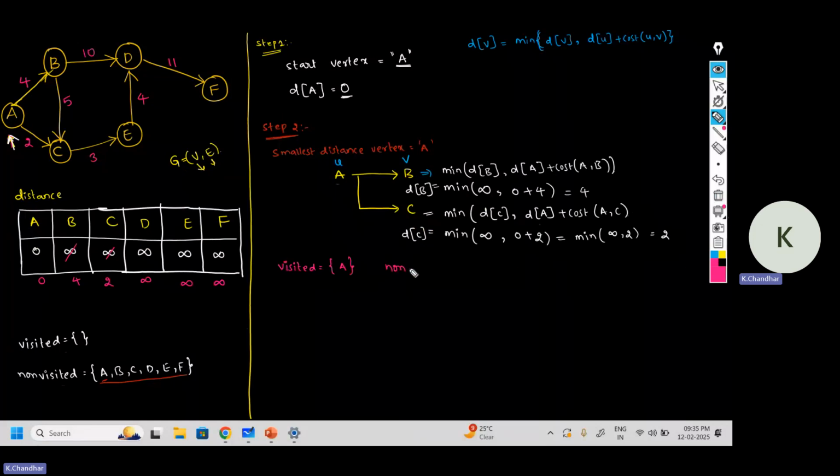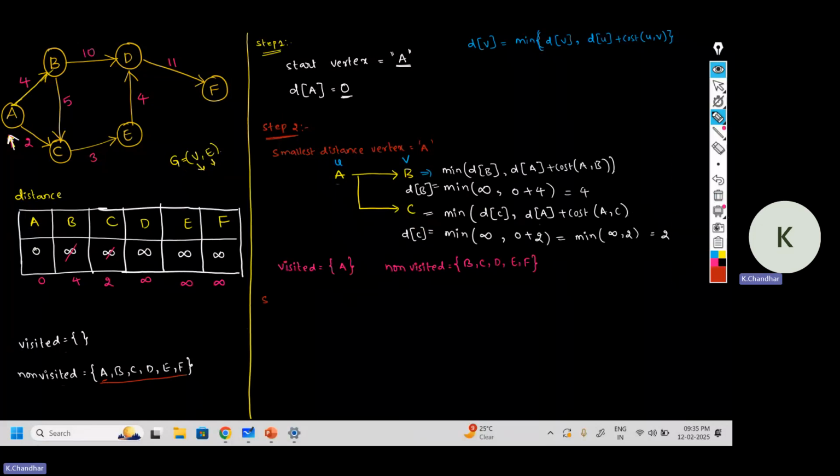And what is non-visited? Non-visited are the remaining vertices. So from this group, A is removed and the remaining vertices I need to write inside the non-visited. So this is B comma C comma D comma E comma F. Yes, this one is completed. Next, I will go to the next step.